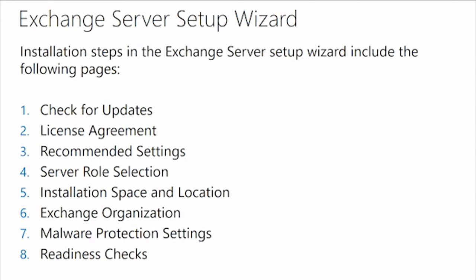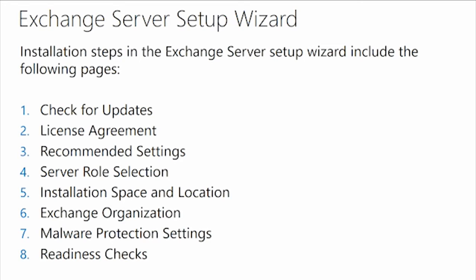So let's talk about the setup wizard. What does the setup wizard do when we run this? It's basically these 8 simple steps that it takes you through. Very simple. It first checks, are you running the latest version of Exchange?